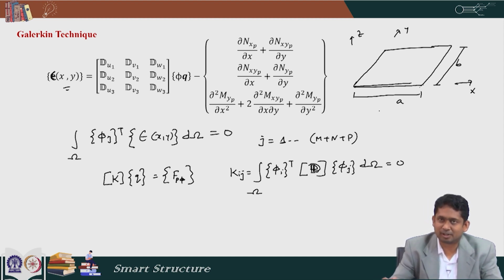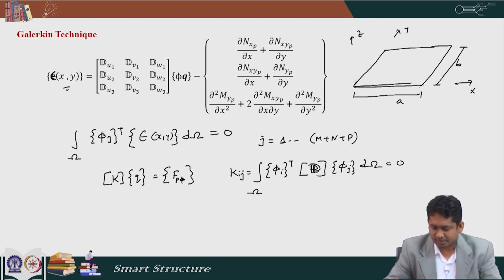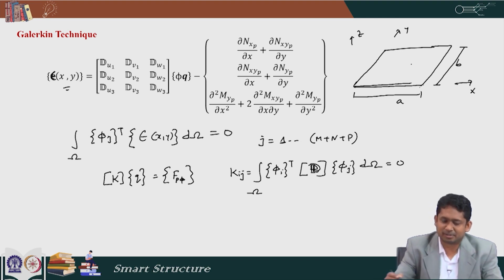because we have already written the governing differential equation in terms of 2D. We have already got rid of the third dimension, because we wrote it in terms of nx, ny, ns, mx, my and ms. So, those had the stress components integrated over the thickness.